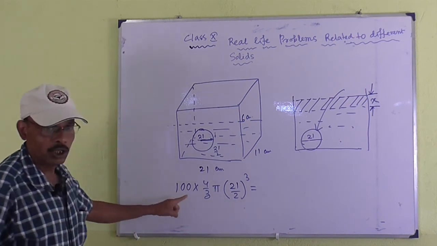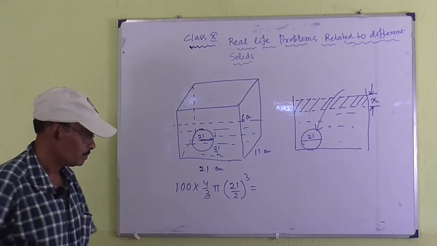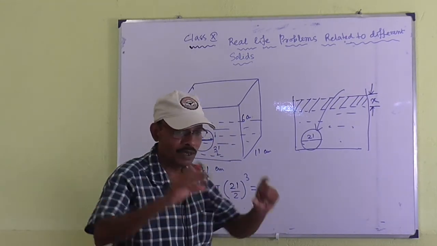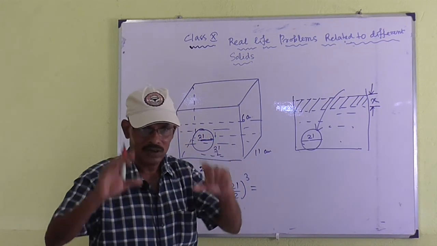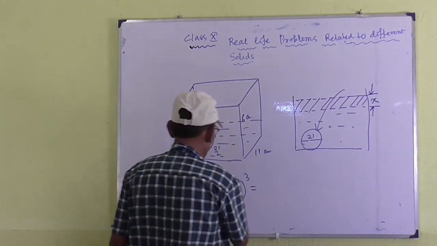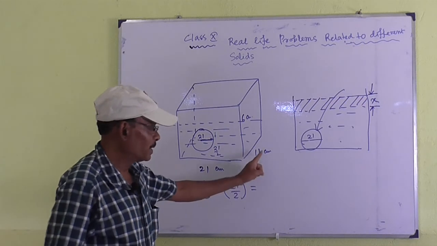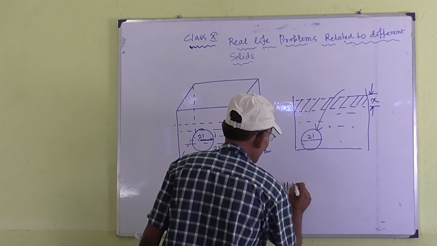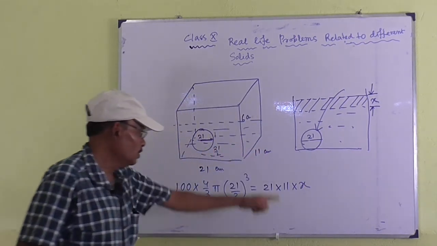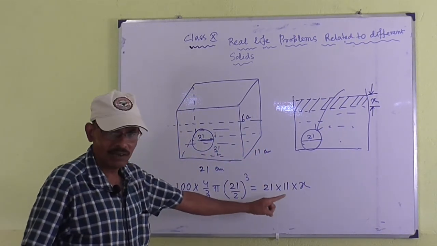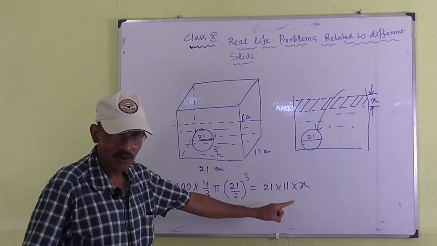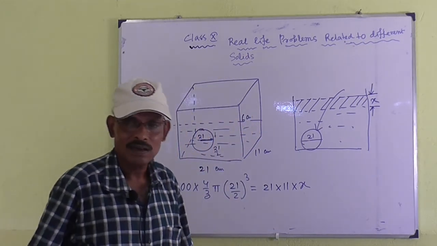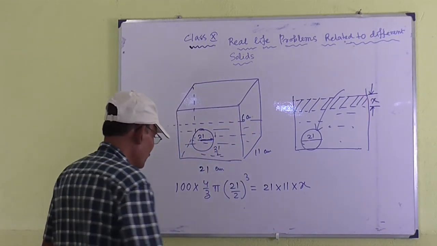This is the volume of the 100 spheres, and this equals the volume of the risen water. Here the length is the same, the breadth is the same, that means 21 into 11 into x. If we calculate the value of x, we find the risen level, that means the height of the risen level. Clear?